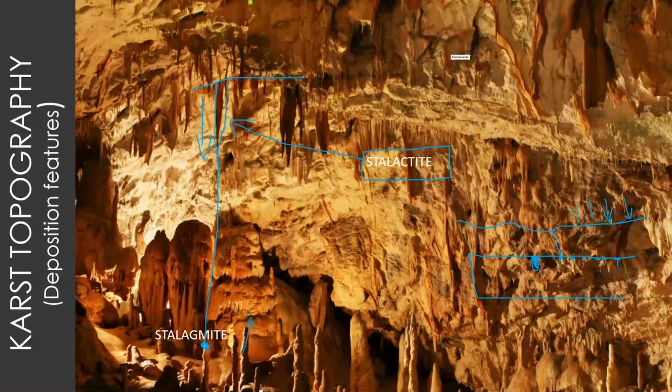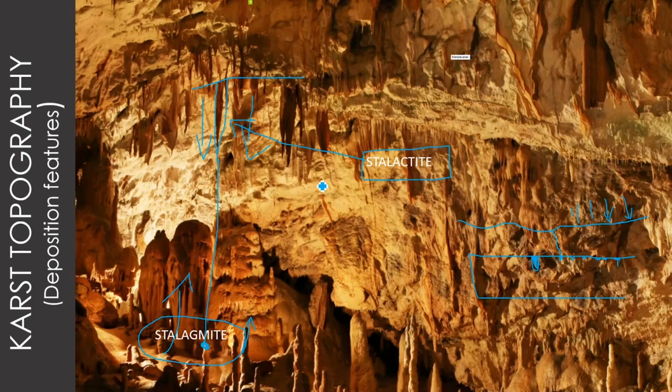Okay, so when water penetrates through this rock type and falls into the cave, there are two simultaneous growth processes happening, one from top to bottom and another from bottom to top. The one which is growing from bottom to top is called a stalagmite, and the one which is growing from the top is called a stalactite.